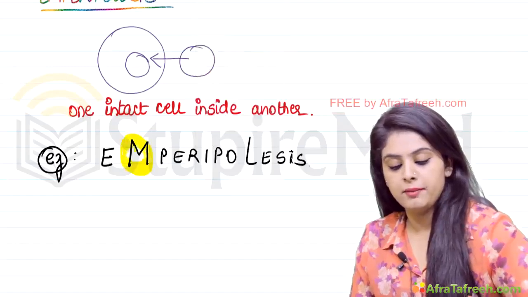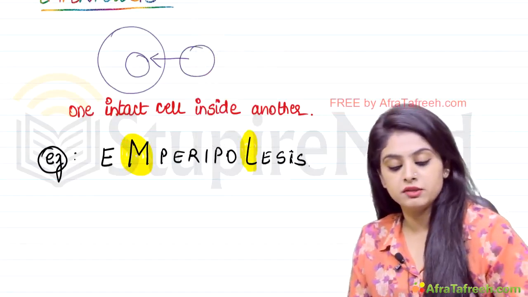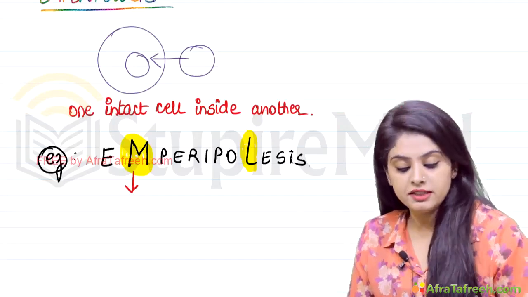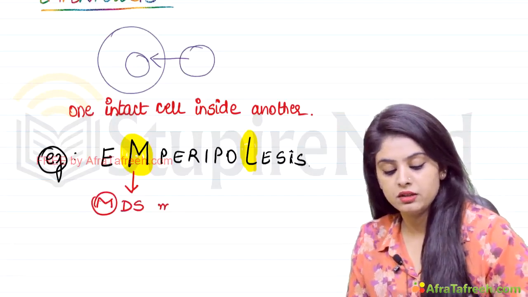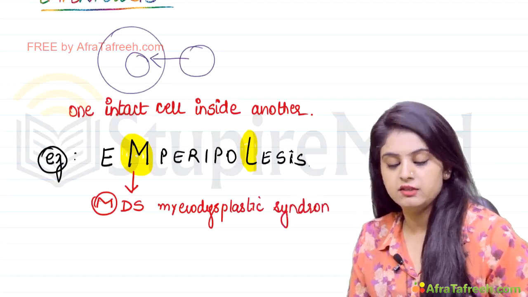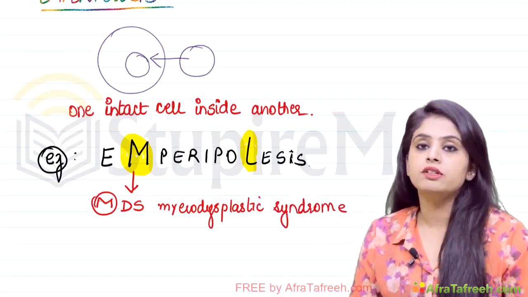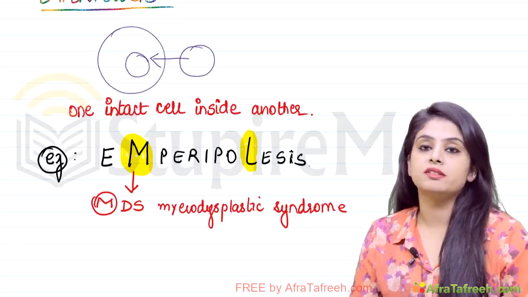These include M and L. Why have I focused on these? Because this will be the mnemonic that you will be following. Emperipolesis is seen in a condition known as MDS, or myelodysplastic syndrome.